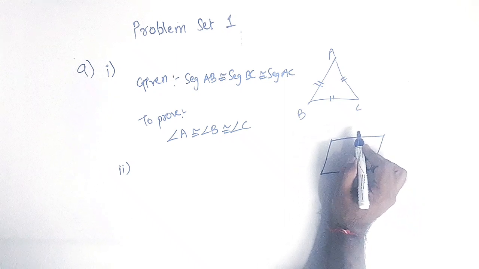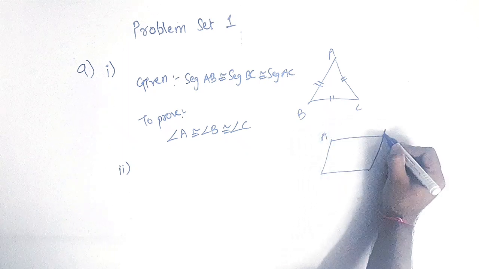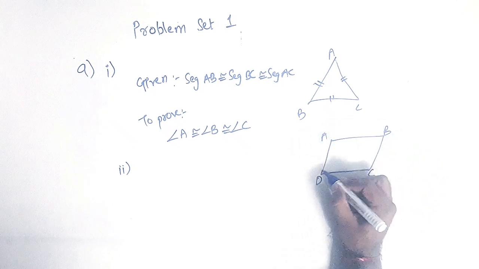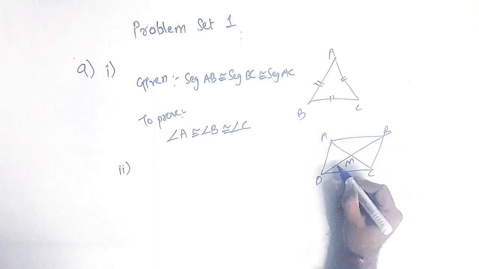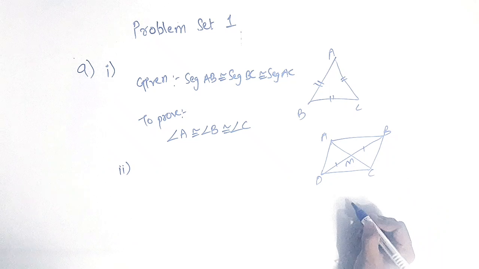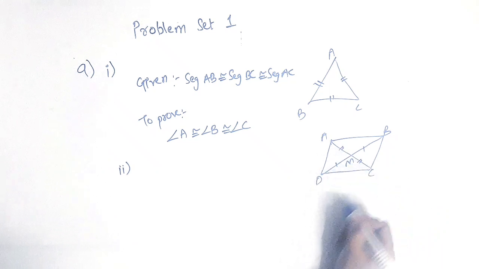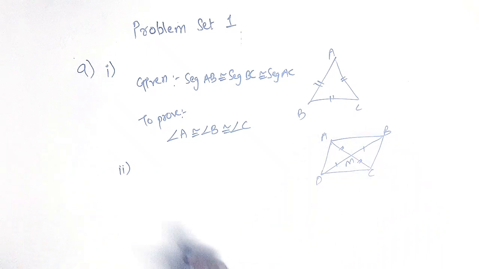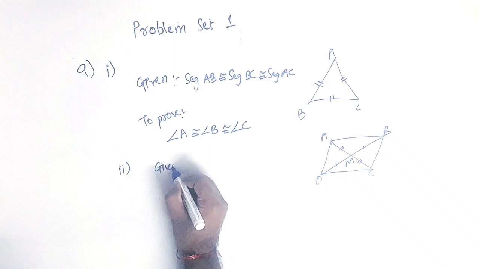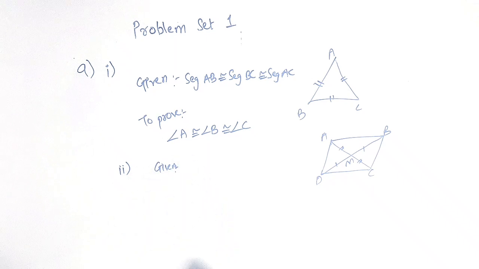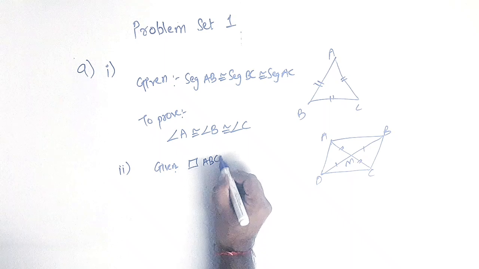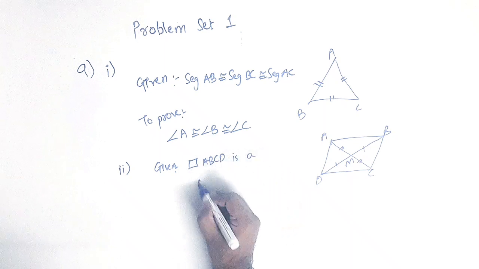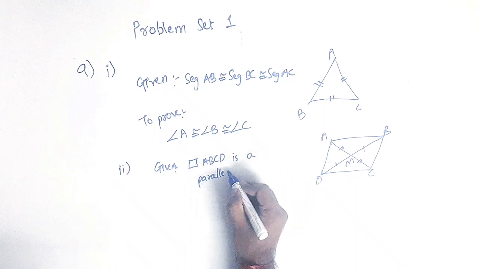So I'll write here ABCD is a parallelogram. These are the diagonals. So BM and DM are congruent and AM and CM are also congruent. That means the diagonals bisect each other. So what is the given part? The diagonals of a parallelogram bisect each other, so I'll write quadrilateral ABCD is a parallelogram.